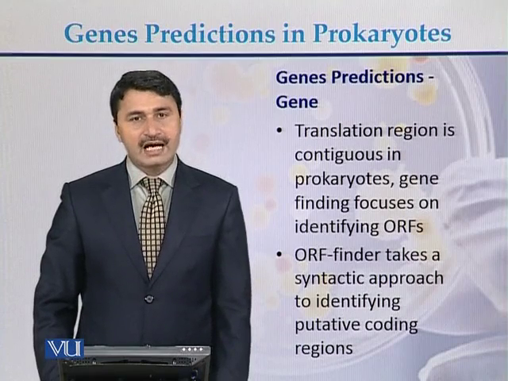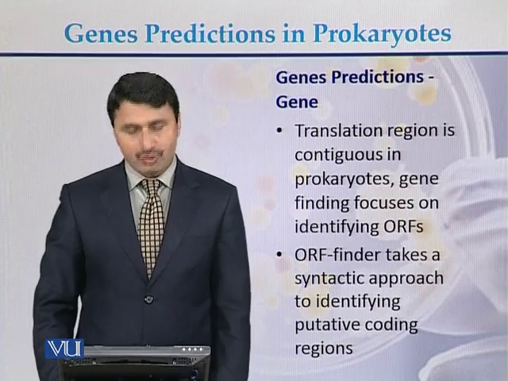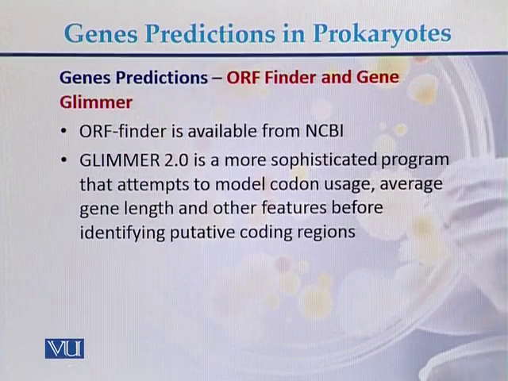ORF Finder takes a syntactic approach to identifying putative coding regions. So in gene prediction, ORF Finder and Glimmer are two gene prediction programs used to identify the genes in the sequences of prokaryotes.